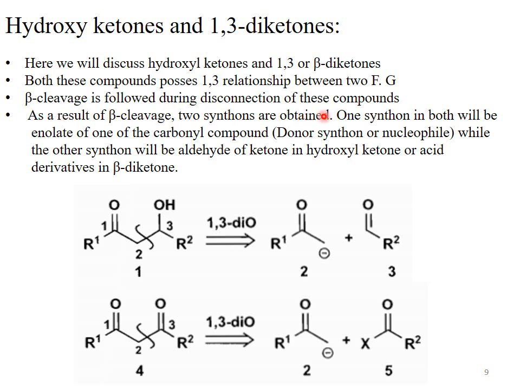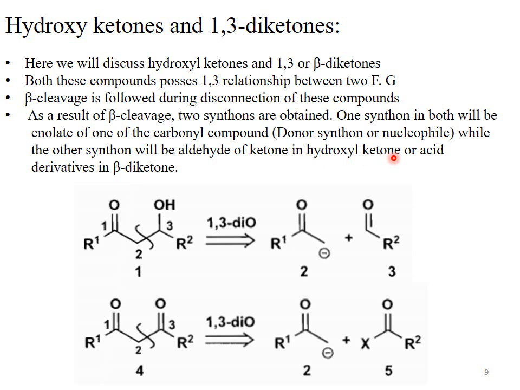I mean the beta bond will be cleaved, and as a result of this cleavage we will have two fragments, two partners. One partner will carry the positive charge, the other synthon will carry the negative charge. As a result of beta cleavage, two synthons are obtained.